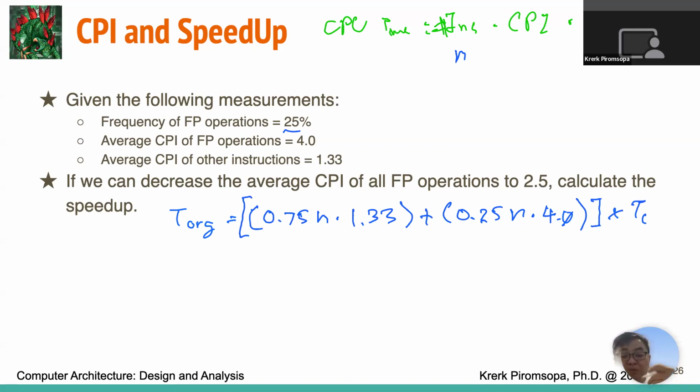Now they do some improvement. Enhance. Again, we have 75% of n times 1.33 because we didn't do anything to it.